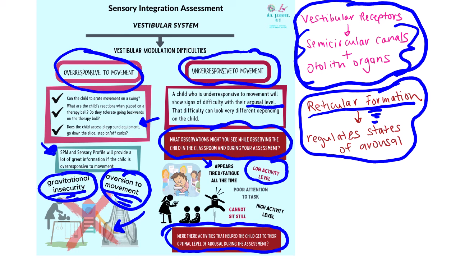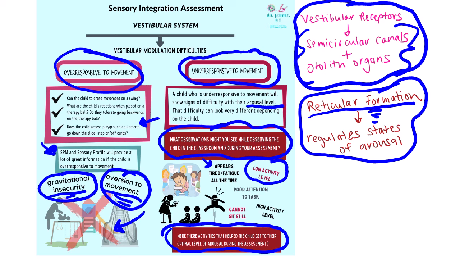And you want to be able to see that in your assessment. If they are this lower activity level, can you do something to increase that state of arousal, whether it be something more intense, like really swinging them a lot, so that movement increases their arousal level, or just something little like a wiggle seat or a wobble stool or something like that.